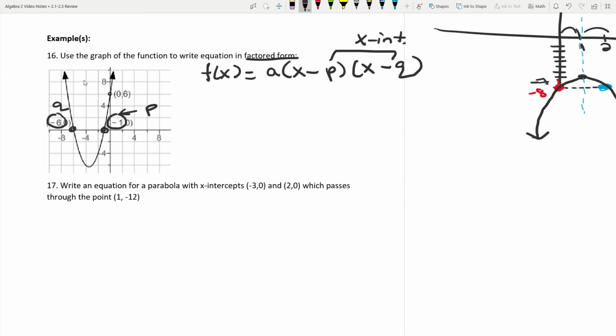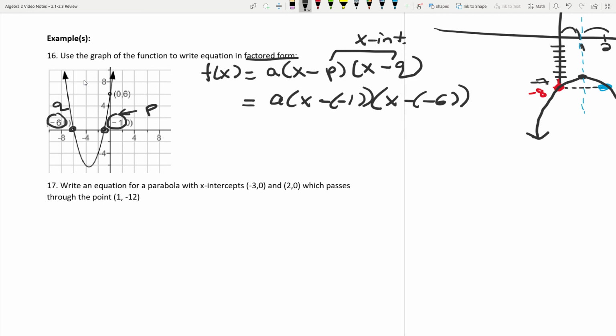So p is negative 1, q is negative 6. Let's plug that in. So we get a times x minus p, p is negative 1, and then x minus q, where q is negative 6. And by the way, it doesn't matter which one you make p and which one you make q.